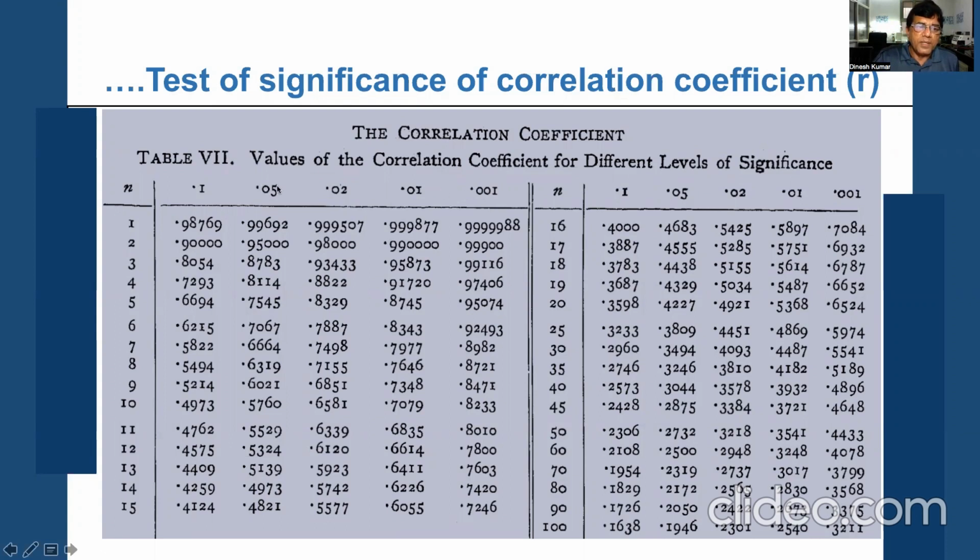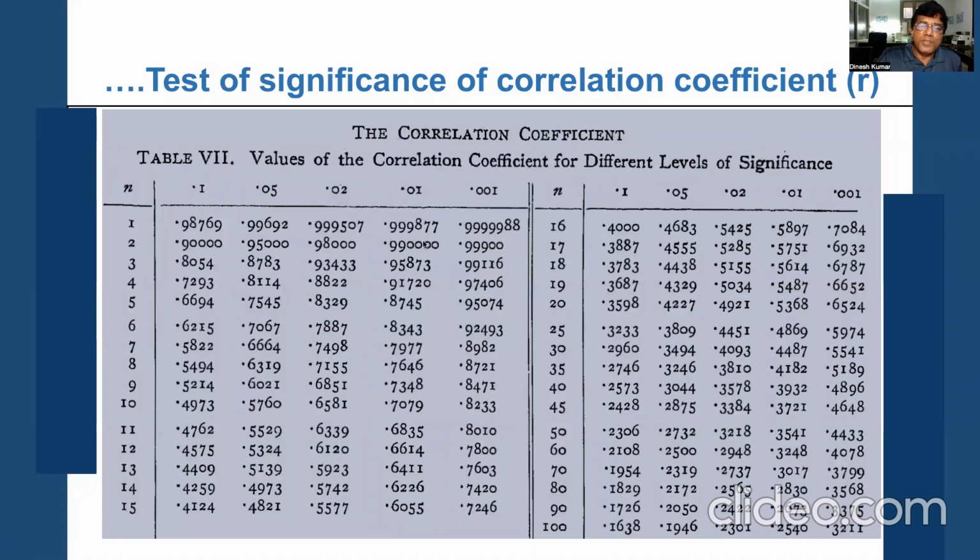Suppose it is 5%. At 5%, you have 0.950. At 0.02 or 2%, you have 0.98. At 0.01 or 1%, you have 0.99. Your calculated value is 0.991 actually. Therefore, that is significant even at 5%, 2%, and 1% level of significance. Hope you understand this meaning.